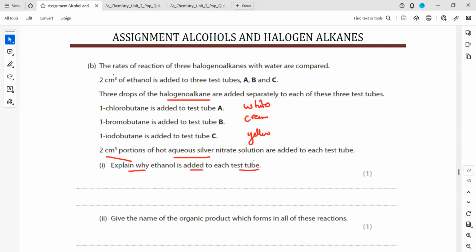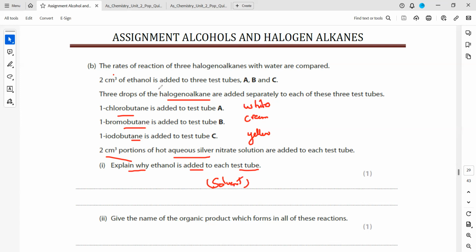Explain why ethanol is added in each test tube. In the beginning, as you can see, in each test tube we add ethanol. Because this is aqueous silver nitrate, ethanol is used as a solvent. Halogenoalkanes are not water soluble, because they cannot form hydrogen bonds with the water.